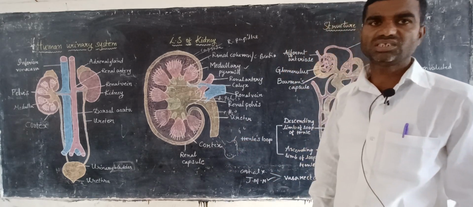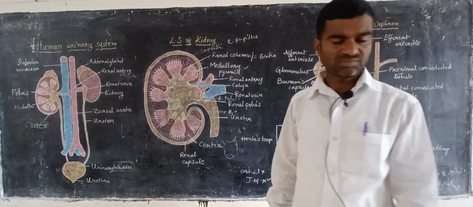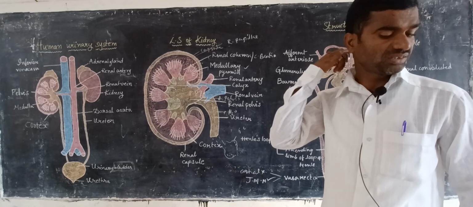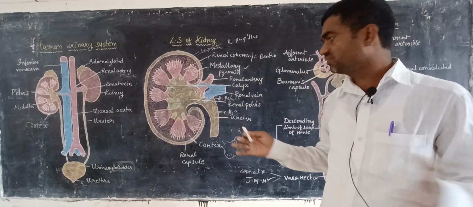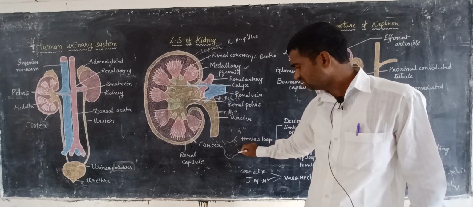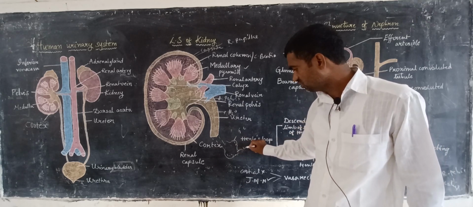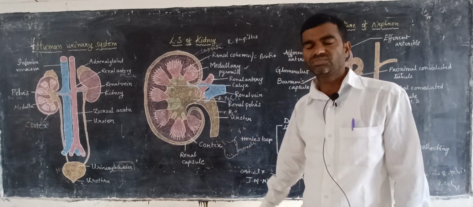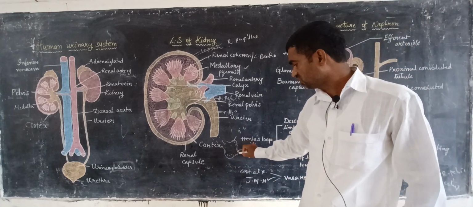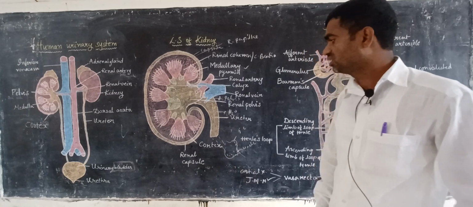By contraction and relaxation of the sphincter muscles, the urine passes through the external and internal urethral sphincters. The extending region is called the urethra, which in males passes through the penis. Through the urethra, the urine passes to the outside.